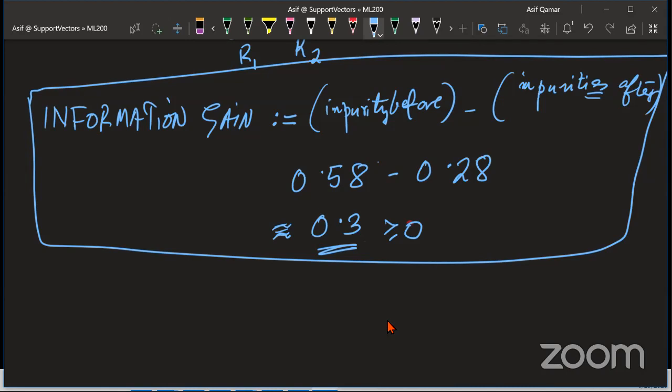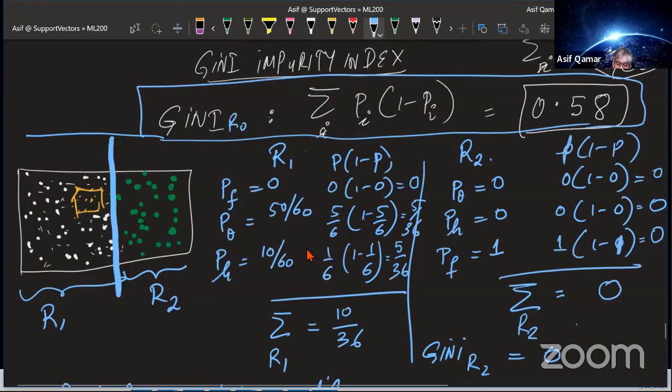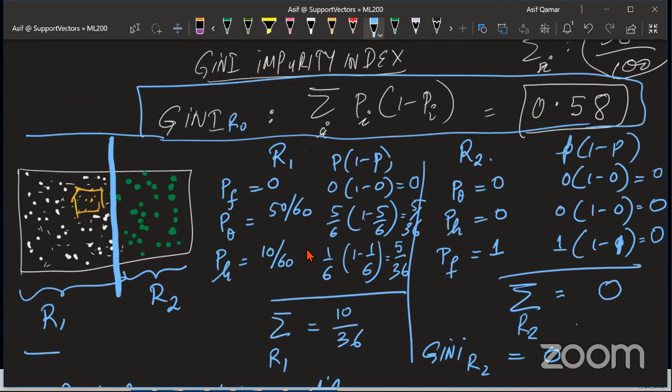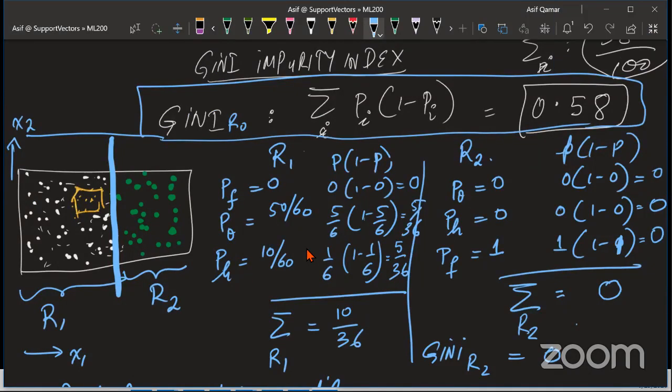See, it can always be computed, is the answer. How? Here we have two axes, right? This is x1, and this is x2. What we're doing is scanning for the best cut point along x1 and the best cut point along x2, and theoretically, we are finding the information gain for every possible cut point.